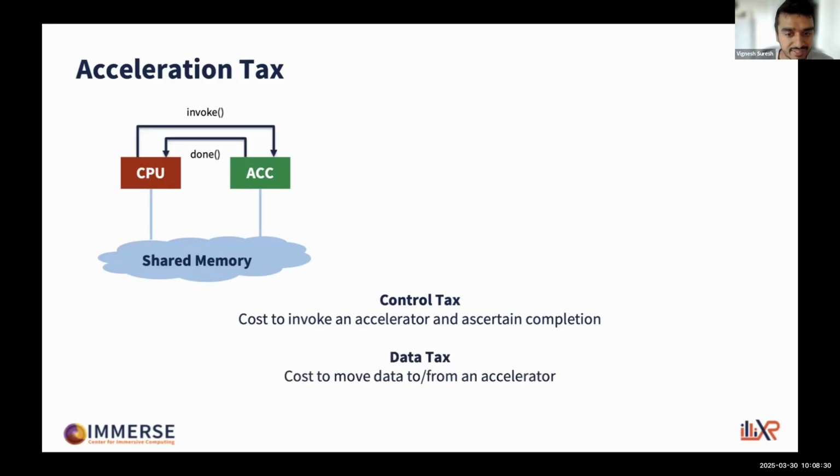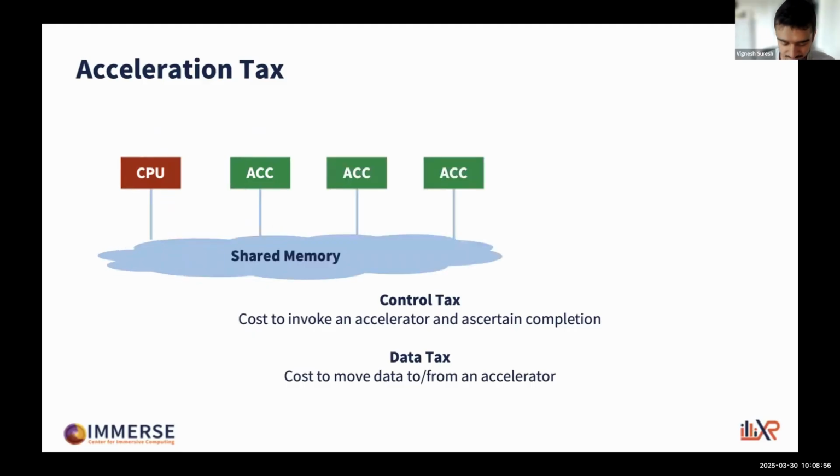And similarly, data tax is the cost paid by an application to move data to the accelerator and back from the accelerator. It's very important to note here that while we illustrate this data movement abstractly via shared memory, this could be implemented in different ways. For example, it can be via DRAM, or it can be between caches that are integrated with a traditional coherence protocol over a network on chip.